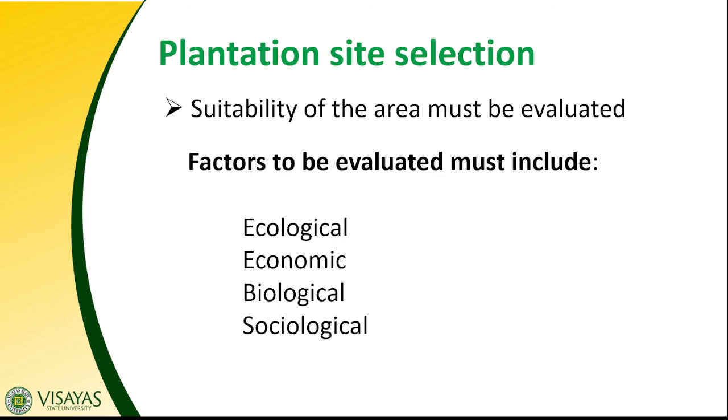Then biological factors, the living organisms, for instance whether there are pests in that area. This should be considered for the production to be successful, so we should be familiar with the prevailing conditions in the area. And then the sociological factor: the people near the site where you want to establish your plantation crop production.